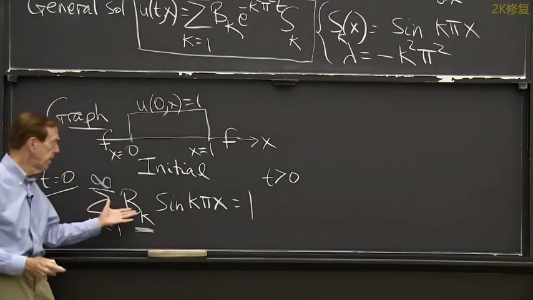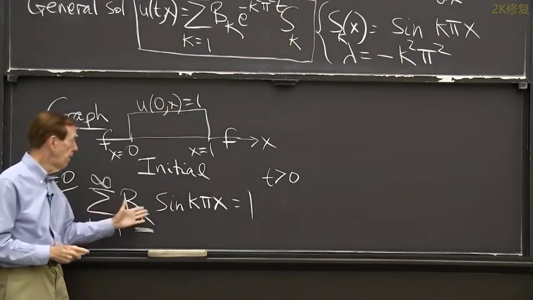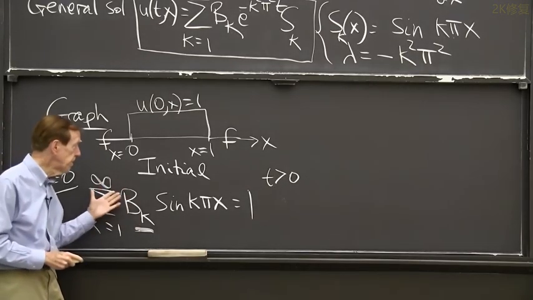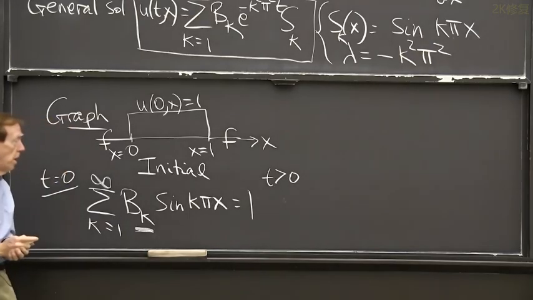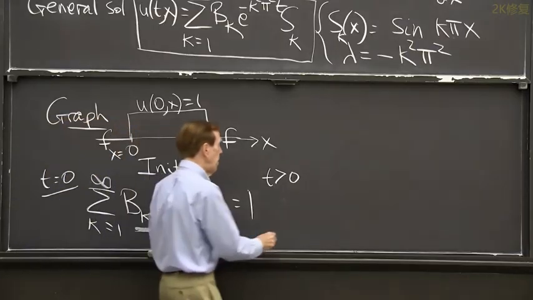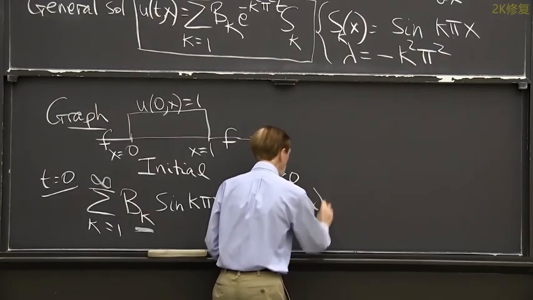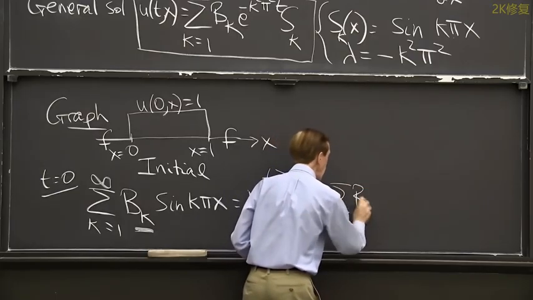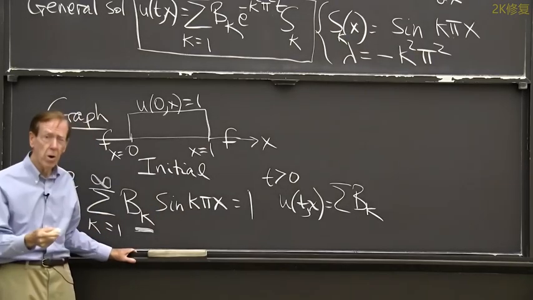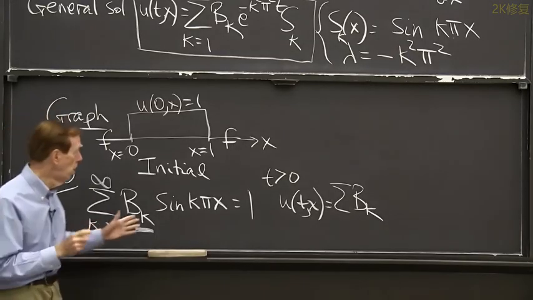And we're again faced with a Fourier series problem. Anytime I have to find these coefficients, this is a Fourier sine series. I have only sines, not cosines here. And I'm finding the coefficients so that this will match 1, the initial condition. And then for t greater than 0, the solution u will be, as we said, a sum of these b_k's, which come from the initial conditions, the Fourier coefficients.